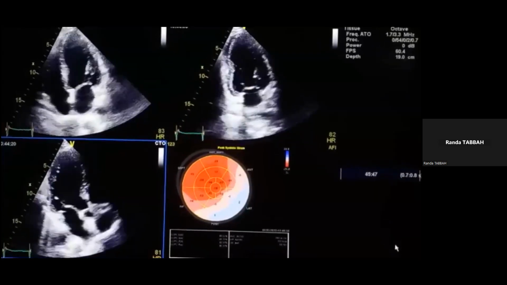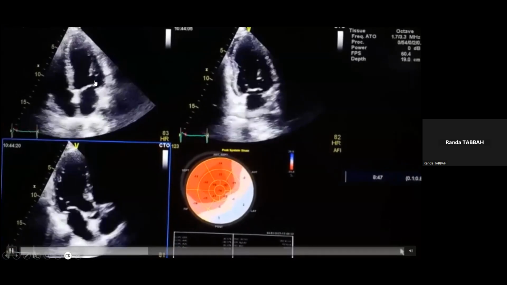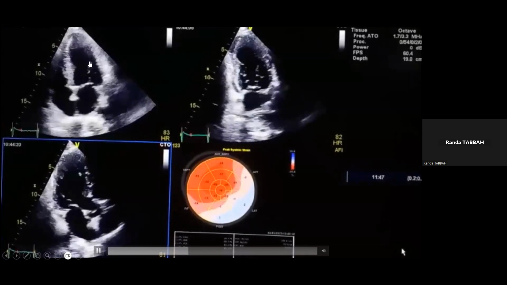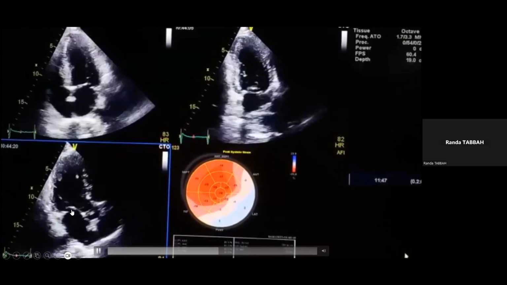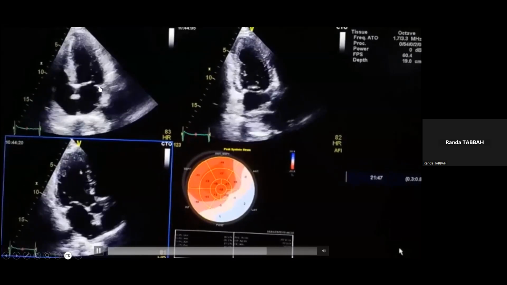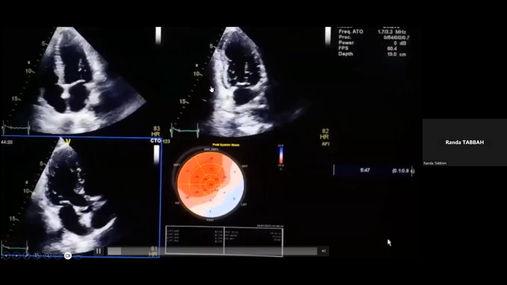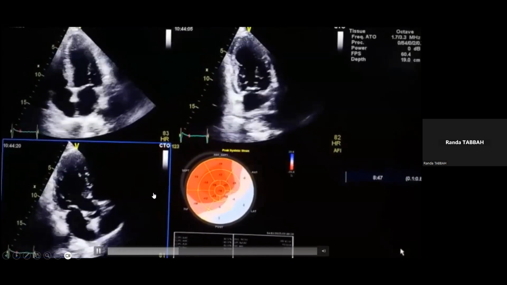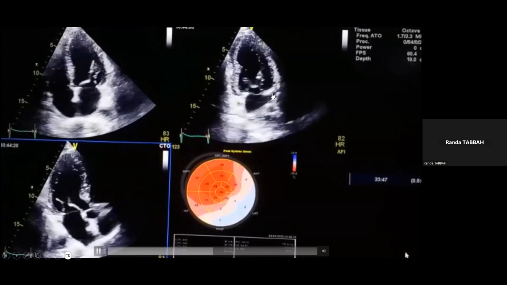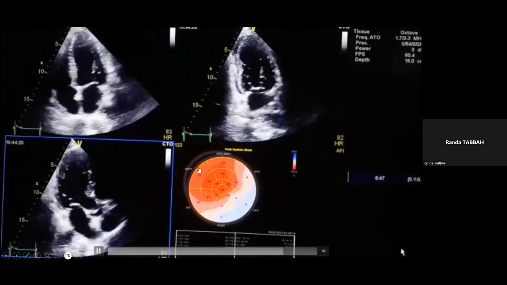So, for example, this is one of my patients. Here is the 4-chamber, here is the 2-chamber and the 3-chamber. So you put here your points, and the echo can give you the views of every strain for every chamber, then the summation with the bullseye here.